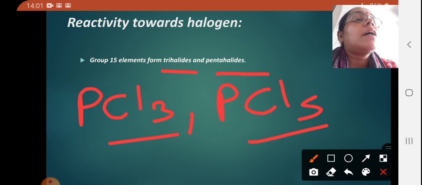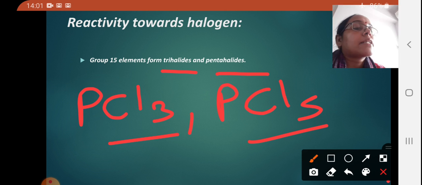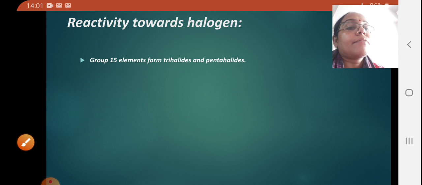So the halogen atoms can react with group 15 elements and form trihalides and pentahalides.